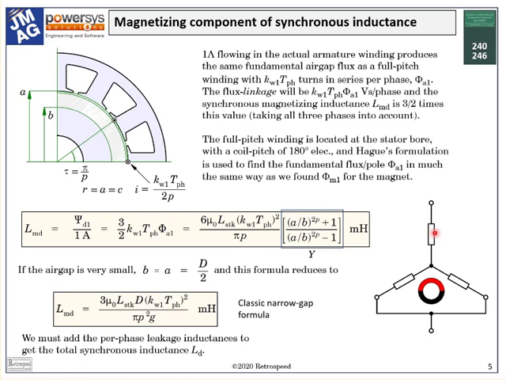Now, the narrow gap formula assumes that the flux crosses the air gap in the radial direction. And when the air gap is very small, this assumption works well, particularly in the induction motor or the IPM, where you don't have this large effective air gap through the magnet.